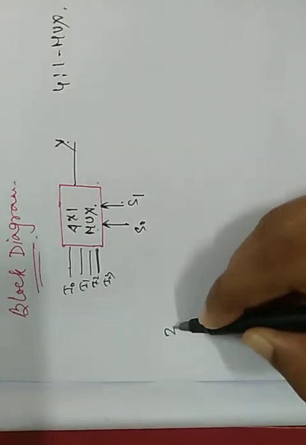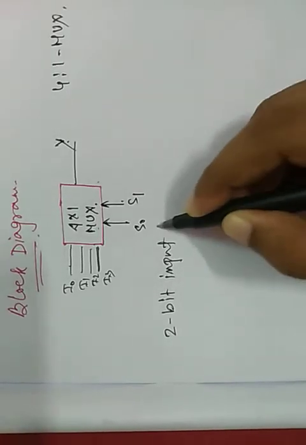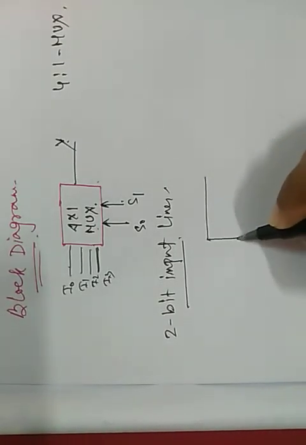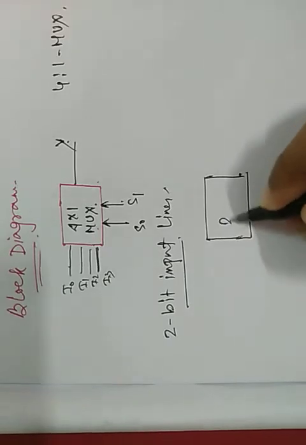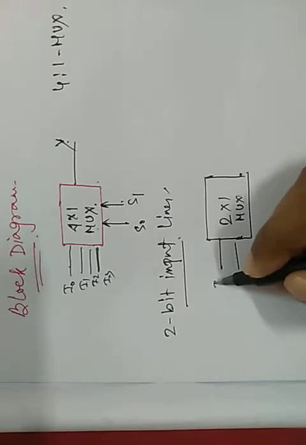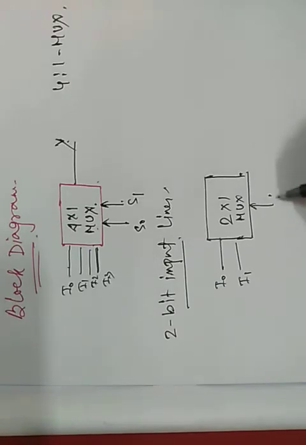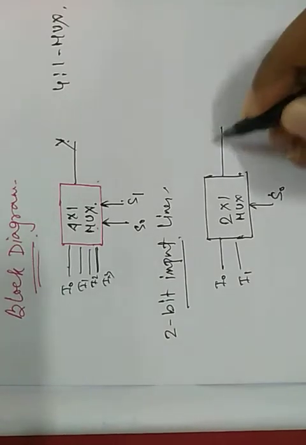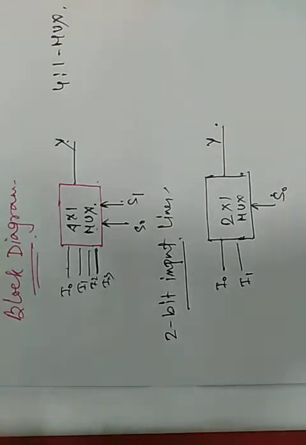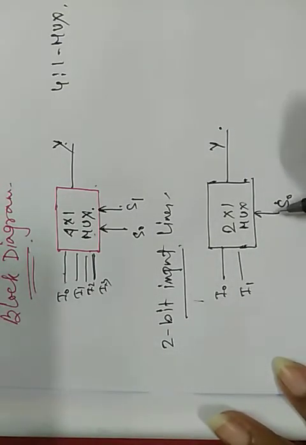And if our input is 2 lines, it is a 2 into 1 MUX. So 2 inputs means we get 2 combinations if there is 1 selection line. So the selection line is 1 and the output is Y. Why do we take one selection line?